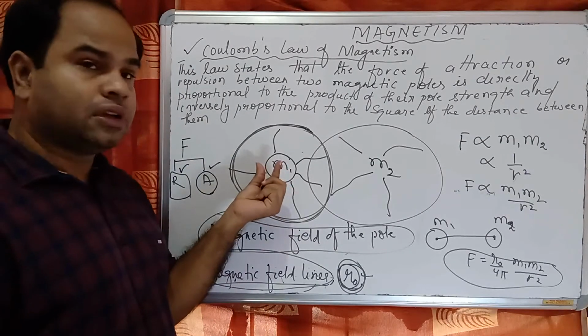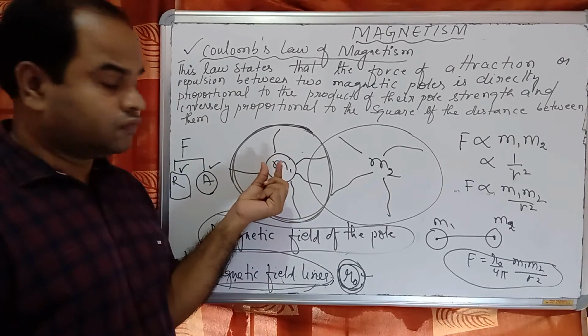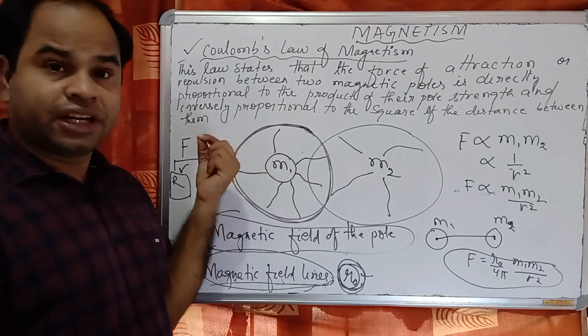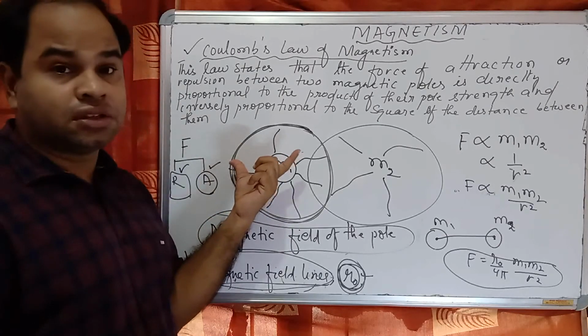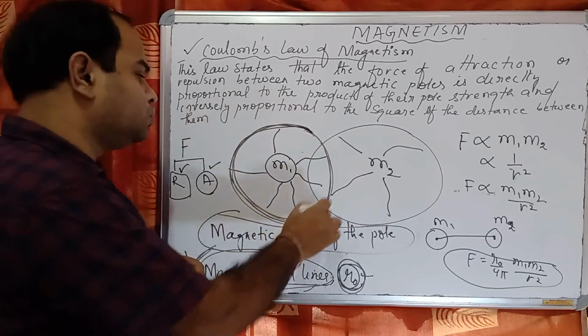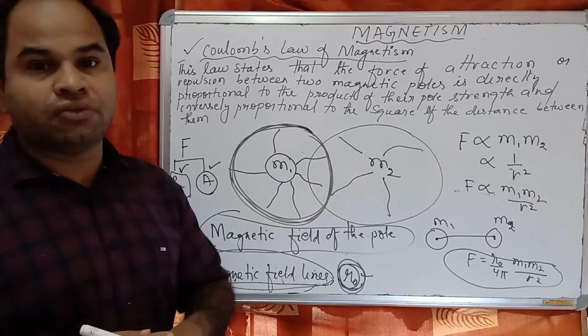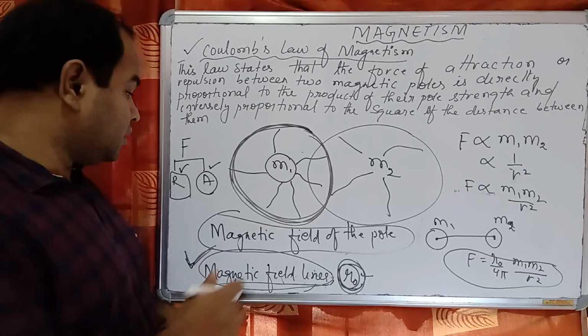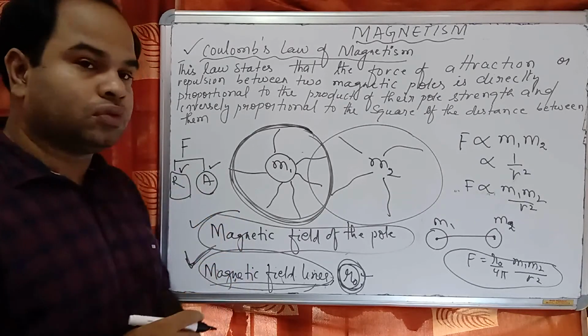So first of all, when a magnetic pole produces magnetic field lines, they travel through the medium, that is permeability. The portion up to which the magnetic field lines travel is called the magnetic field of the pole.